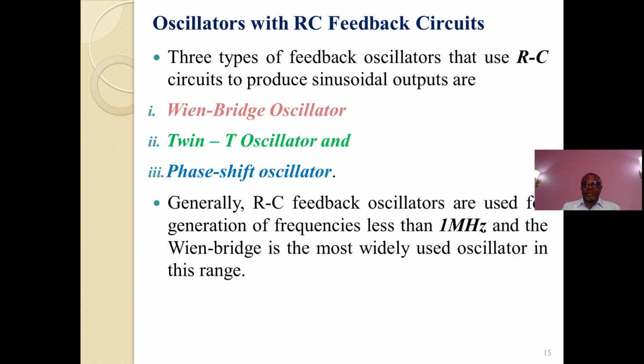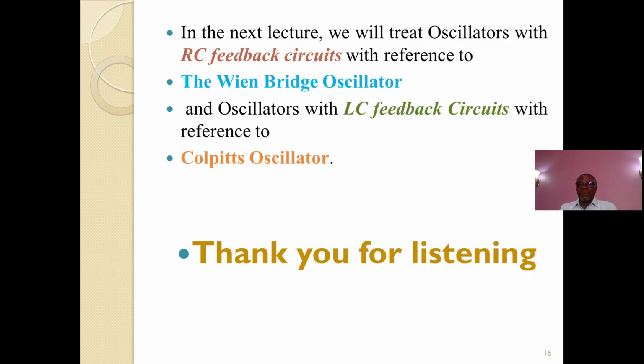And the Wien bridge is the most widely used oscillator in this range of operations. Now, what we have done is to see how oscillation builds up. We will, in our next lecture, look at specific oscillators because there are so many of them. Like we have just seen here, the Wien bridge and the twin T oscillators are all examples of RC oscillators that produce less than 1 megahertz of frequency.